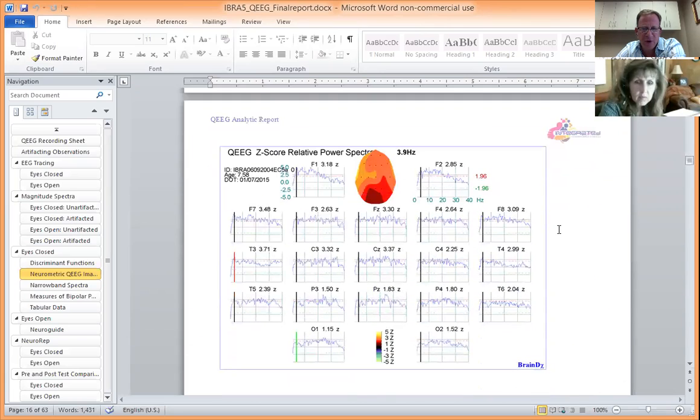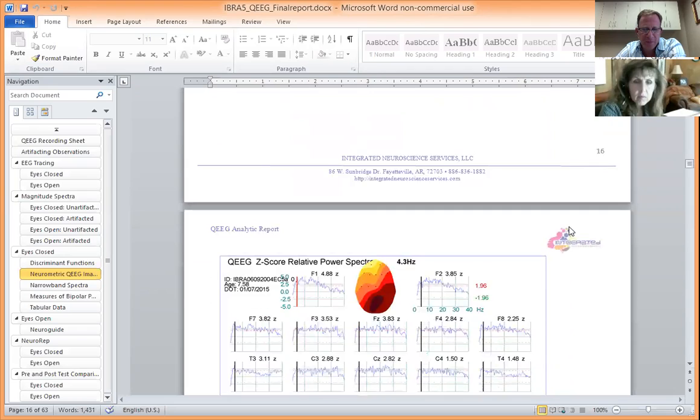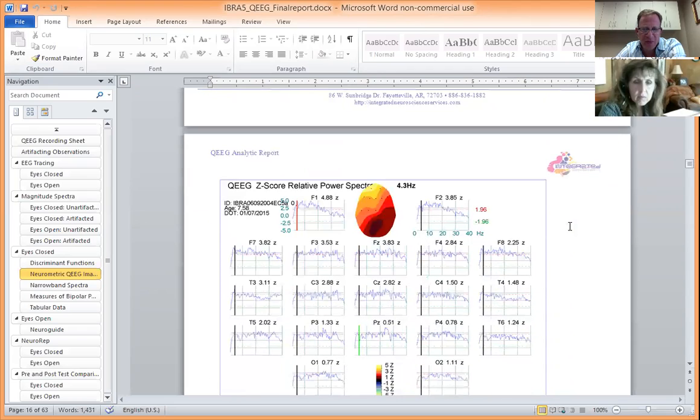At closer to 4 hertz, it becomes more of the left temporal region, with T3 being the most significant. And then you jump up to about 4.5 hertz, and the left frontal area becomes the most significant again.